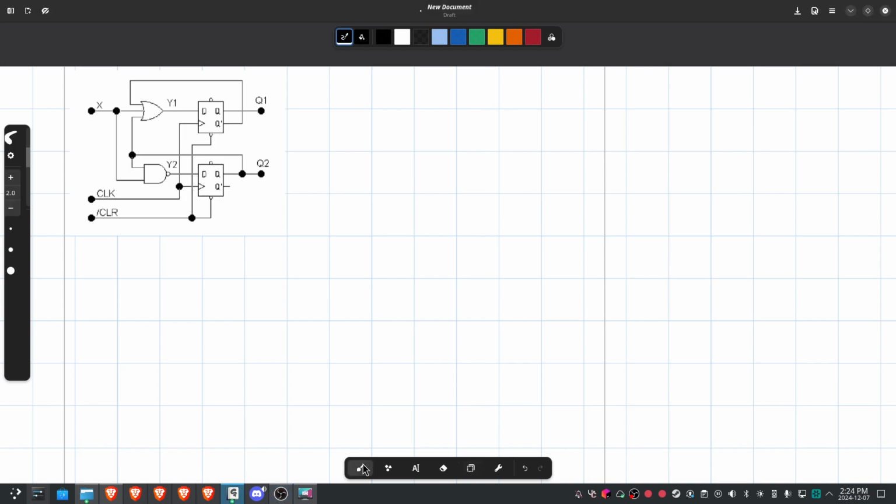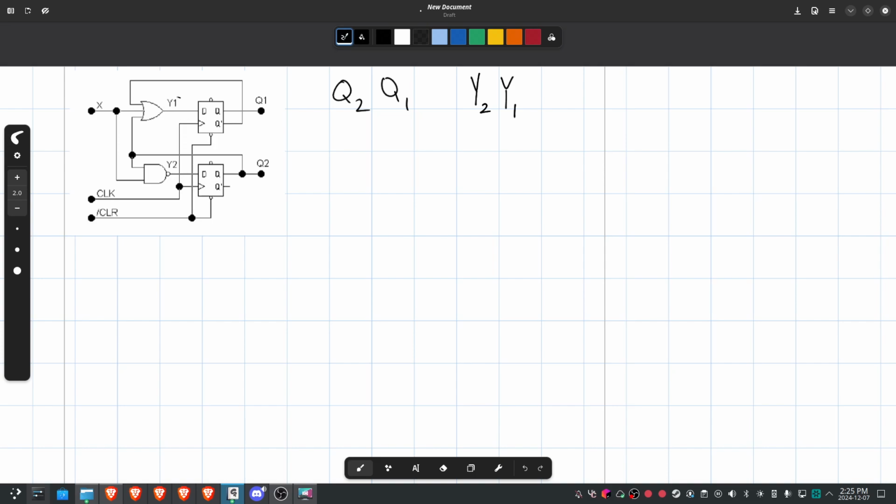Let's start with the state assigned table. So we have 4 variables here. We have Q1 and Q2. These are the outputs of our flip-flops. And then we have our next state, Y2 and Y1. Let me do this: Q2, Q1, Y2, Y1.